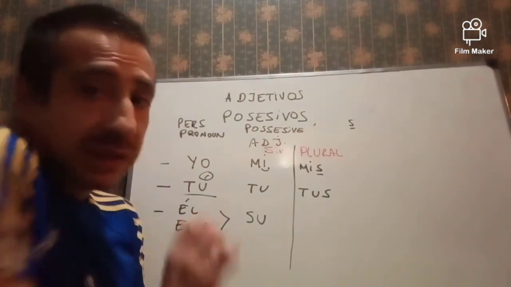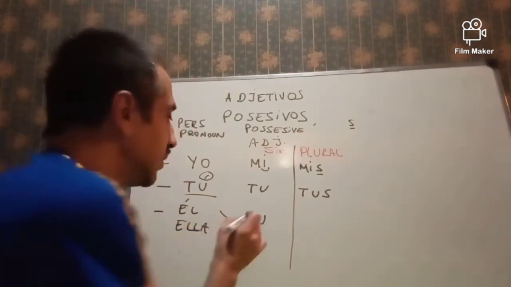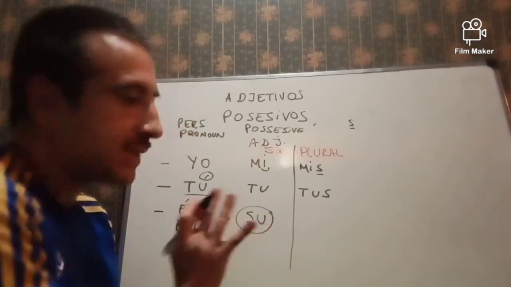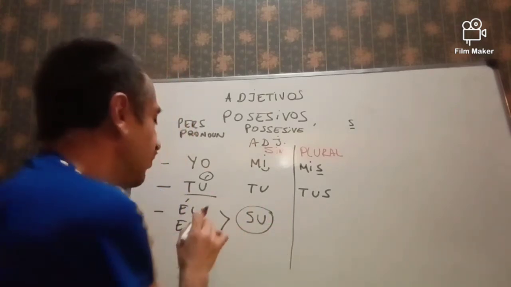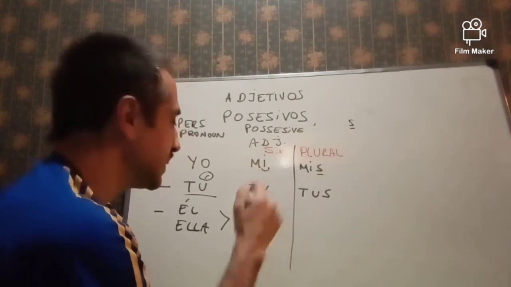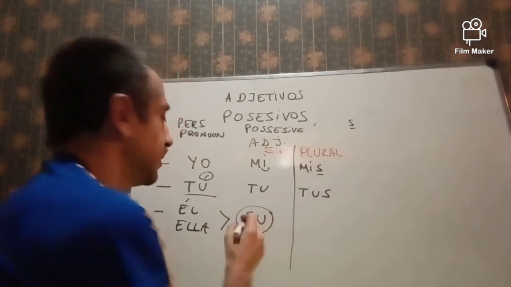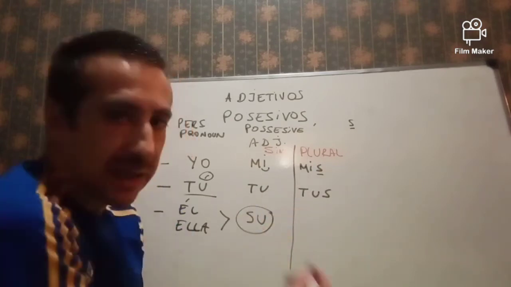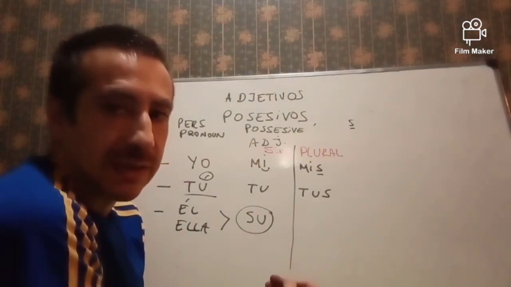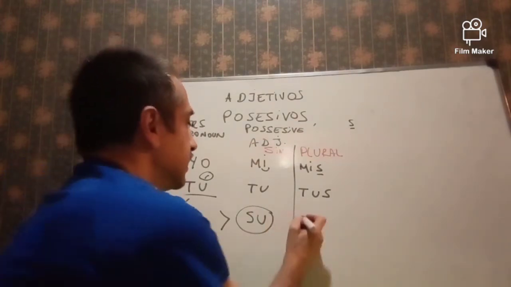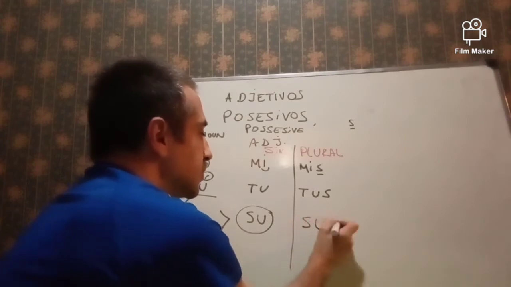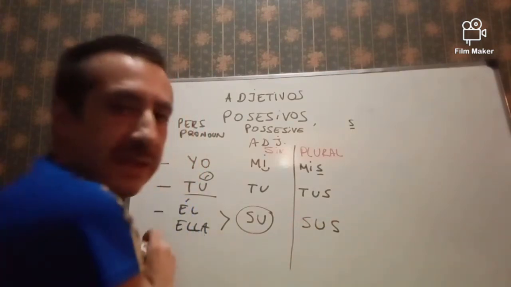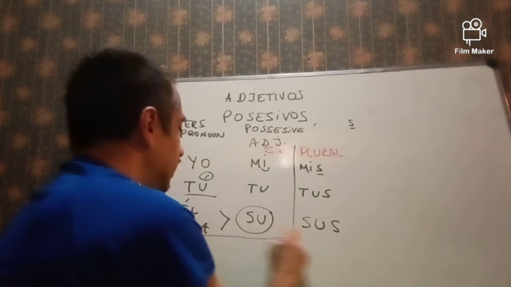In Spanish, well, this at least is easy because we don't make any difference at all. Both for him and for her, we say su. Su gato, his cat, su gata, her cat. And the plural, sus.